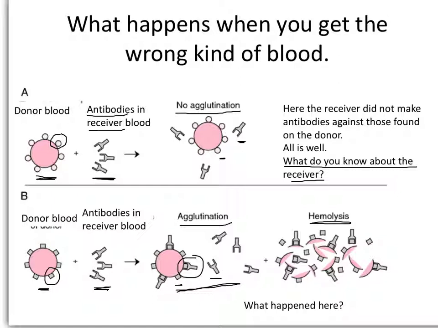And that's a grave problem for this patient because the red blood cells are no longer able to do what they're supposed to do. They can't transport oxygen, and they're also going to have massive clumping in their circulatory system, and that can be lethal. So that's a grave problem for this recipient, often causing mortality or death.